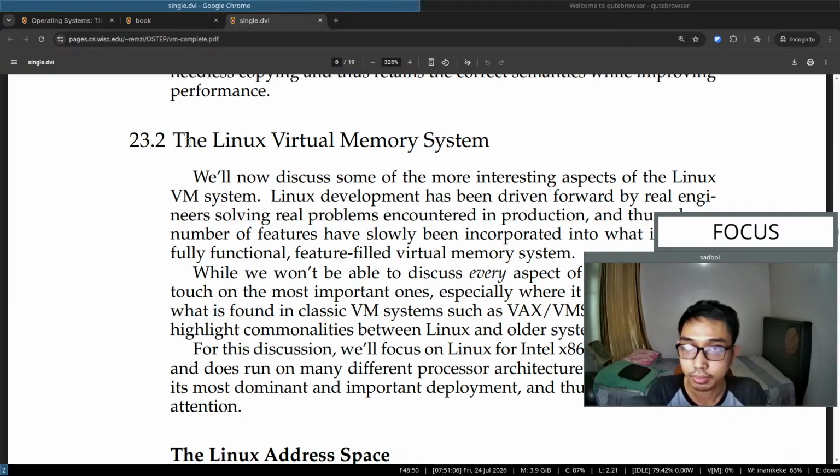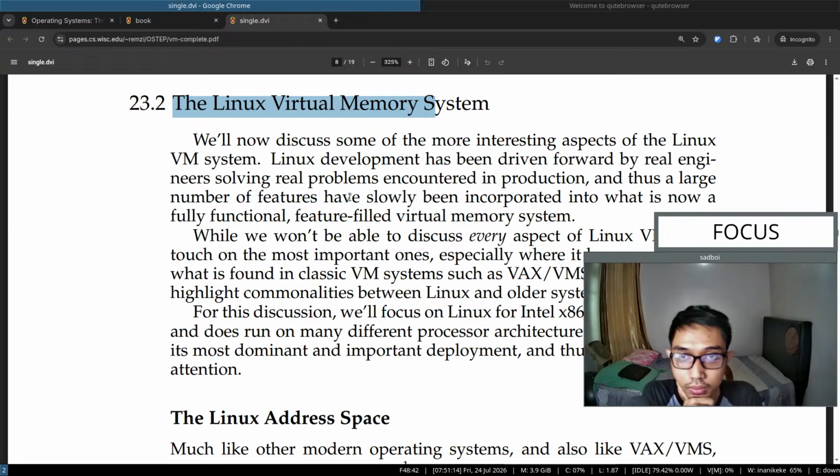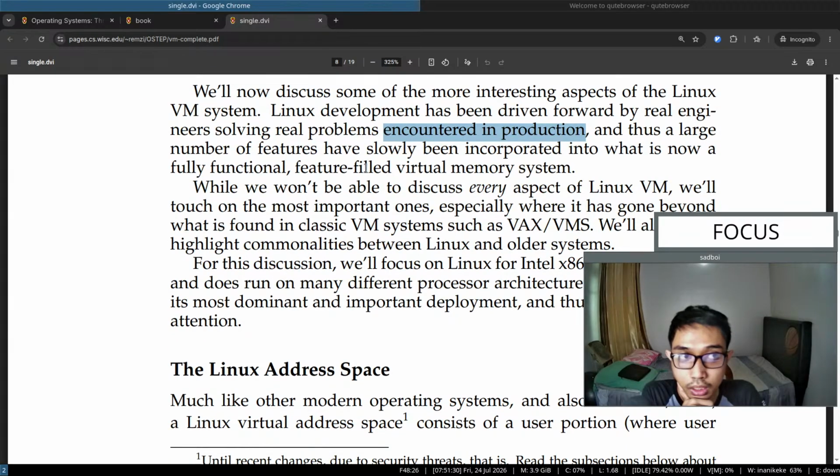Okay, this is the Linux virtual memory system. We'll now discuss some of the more interesting aspects of the Linux virtual memory system. Linux development has been driven forward by real engineers solving real problems encountered in production, and thus a large number of features have slowly been incorporated into what is now a fully functional, feature-filled virtual memory system.